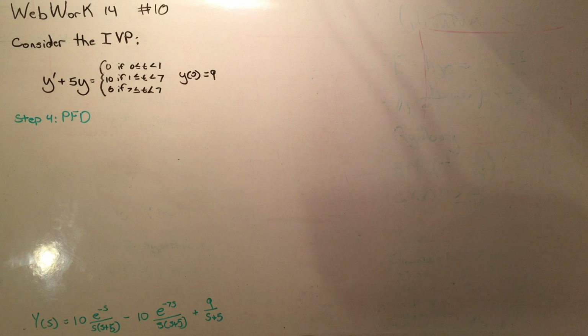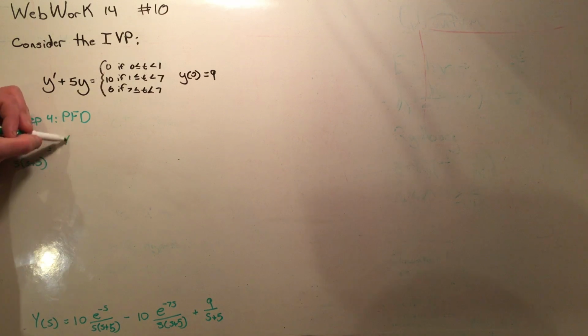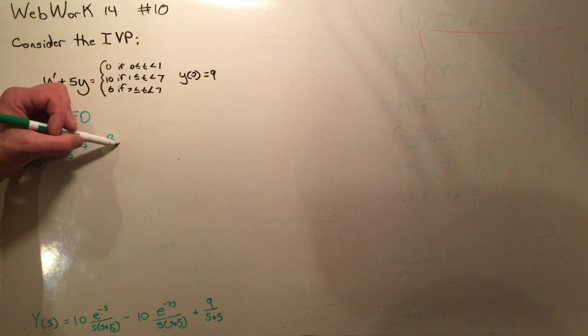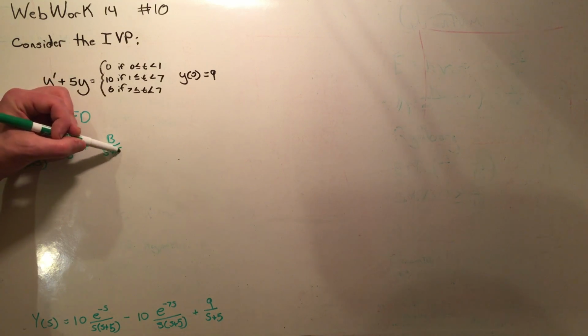And then we'll redistribute the e to the negative s when we're doing our inverse Laplace transforms. So we'll start just by setting up our partial fractions here: 10 over s times s plus 5 equals A over s plus B over s plus 5.